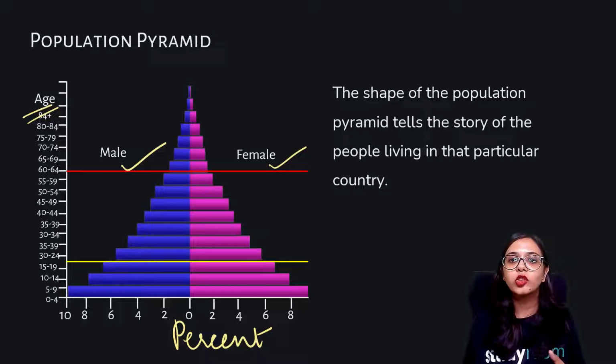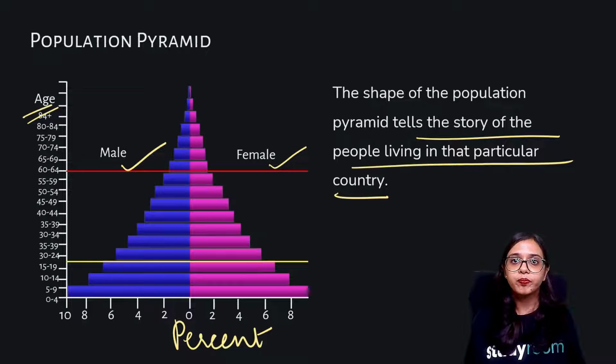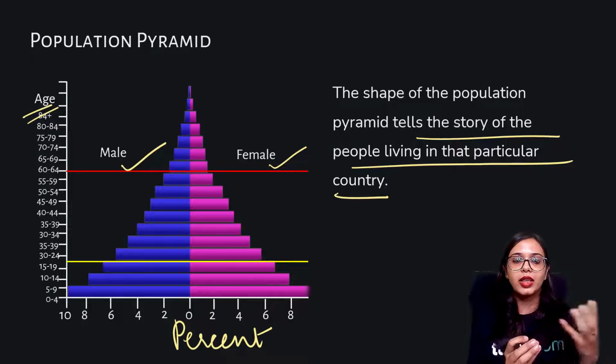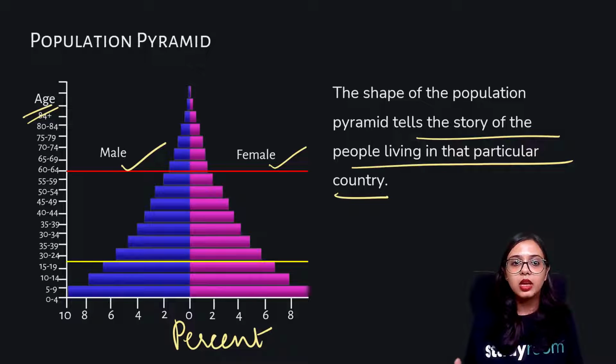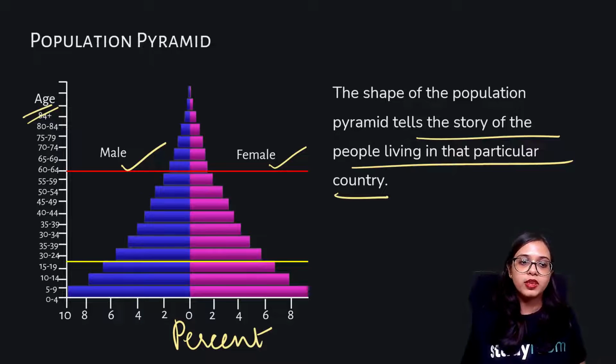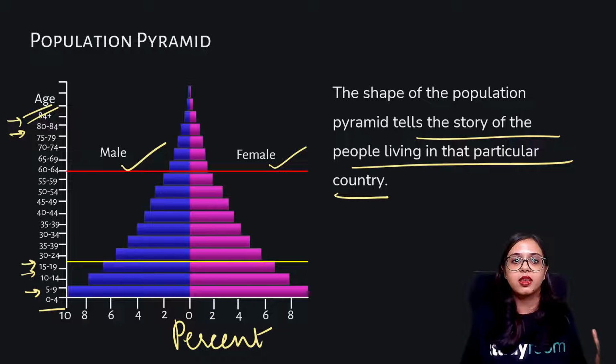The shape of the population pyramid tells the story of the people living in that particular country. With this simple graph, you can determine the different numbers of males and females, and the age category is divided into groups, such as 0 to 4, 5 to 9, 10 to 14, 15 to 19, going up to 80 to 84 and 84 plus as well.